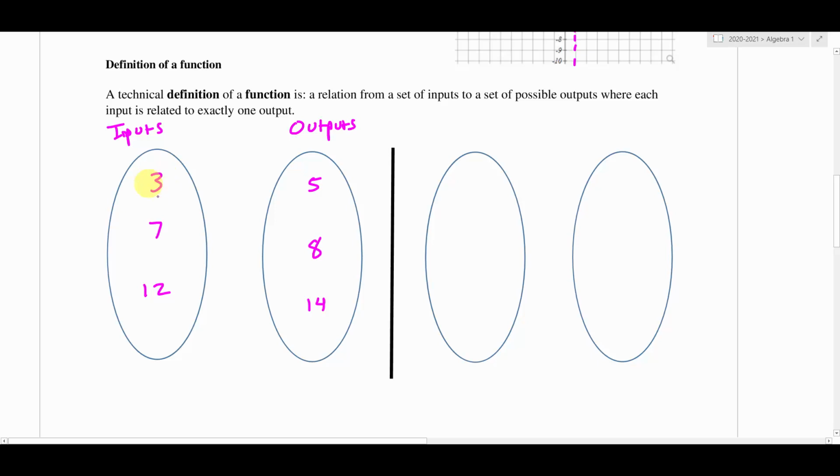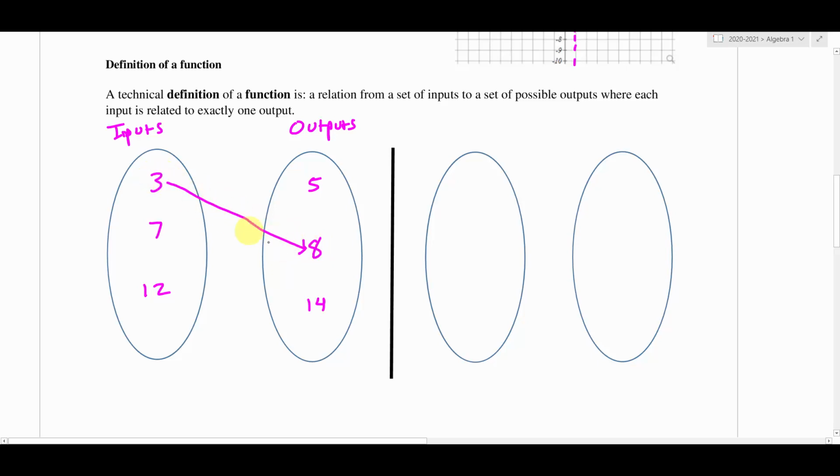Now, remember, our inputs over here, according to this definition, can only be related to one output. So let's say I have a function, I put a 3 in, and I get an 8 out. That means 3 is related to 8, because when I put the 3 into the function, I got the 8 out.